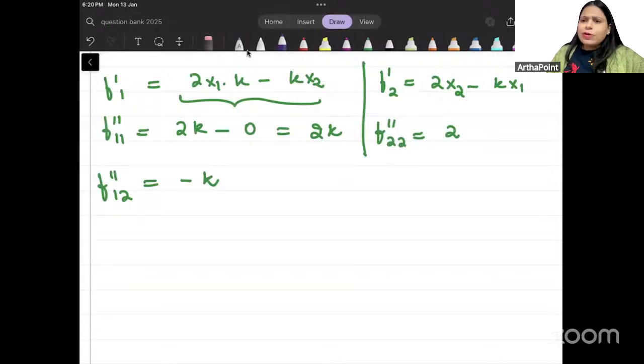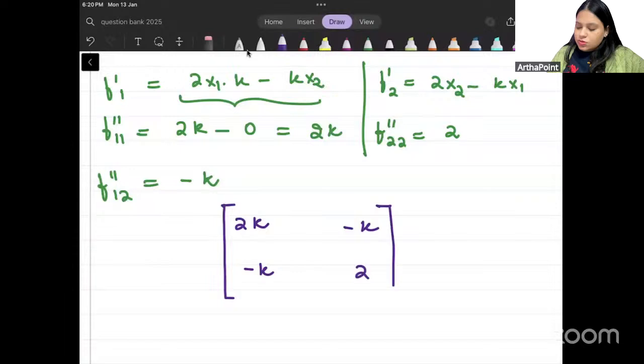So what is going to be your Hessian matrix? 2k, minus k, minus k and 2. All of us are getting this as the Hessian matrix.